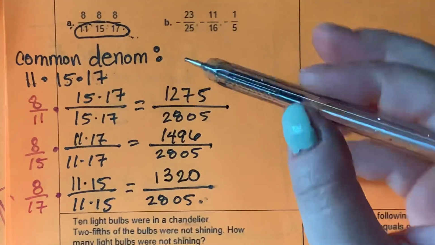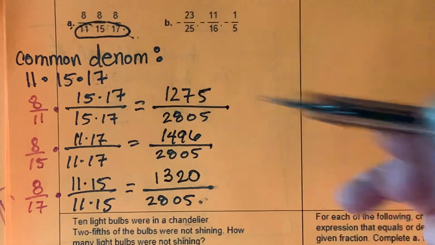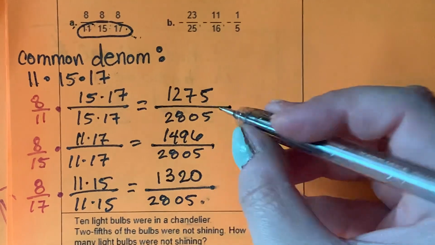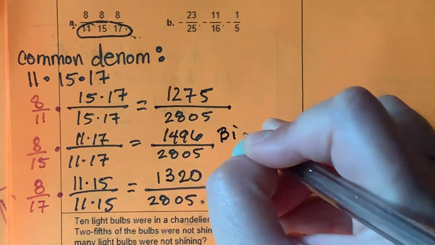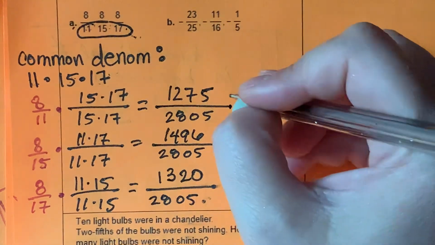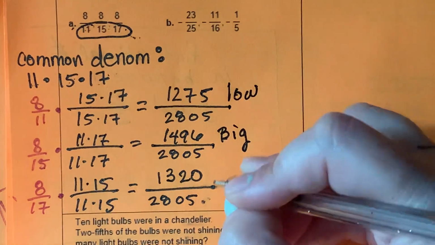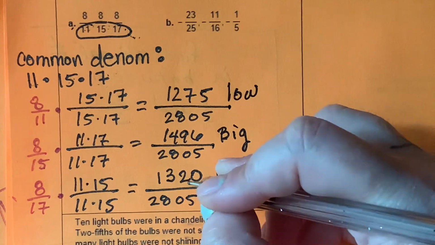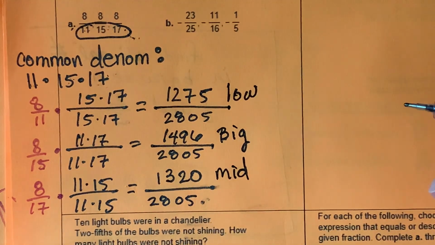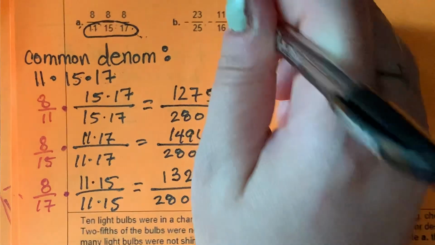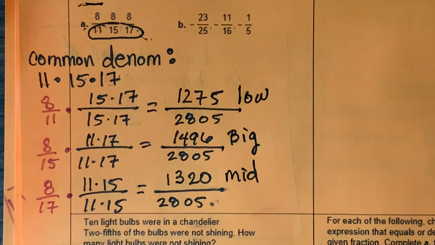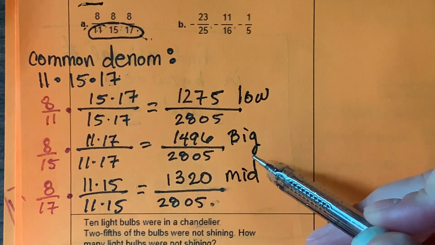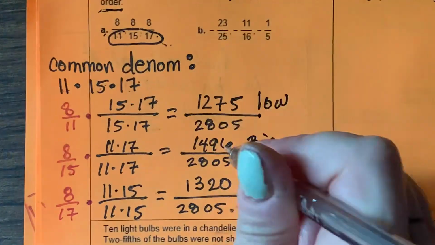Okay, so now that we all have the same bottoms, we can compare the size of their tops. So on the top, which one's the biggest? It's this 14. The lowest is this 12. The middle is this 13. So if I want to write them in decreasing order, that means big to little, I'm going to put the big guy first. But where did this big guy come from?